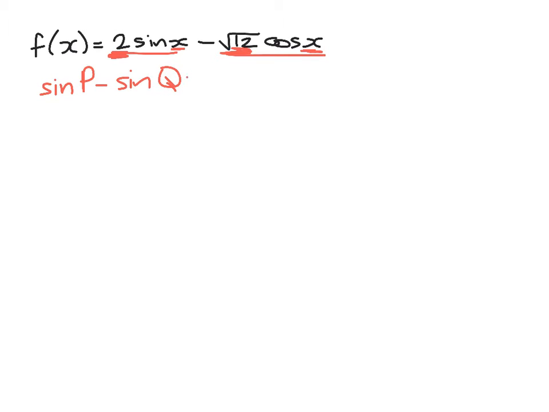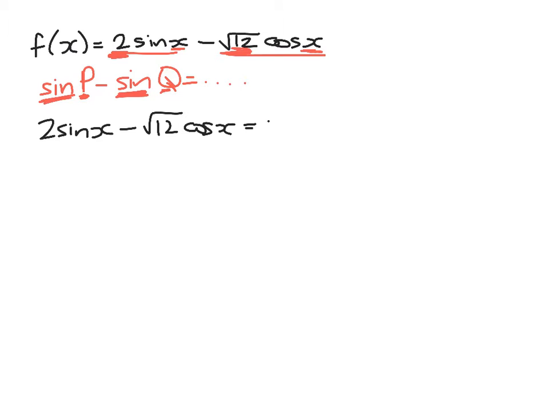The sum to product rules are good when I've got a sine and a sine, and I've got 2 different angles. So that's not what I'm looking at here. But what I've got here is 2 sine x minus root 12 cos x.